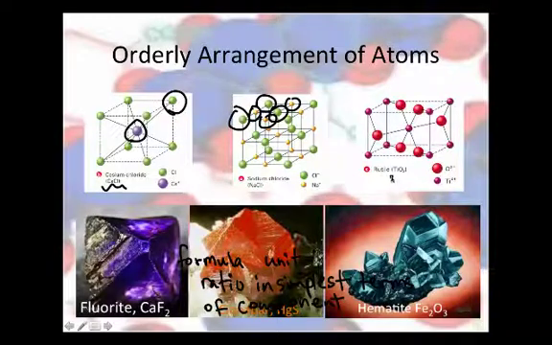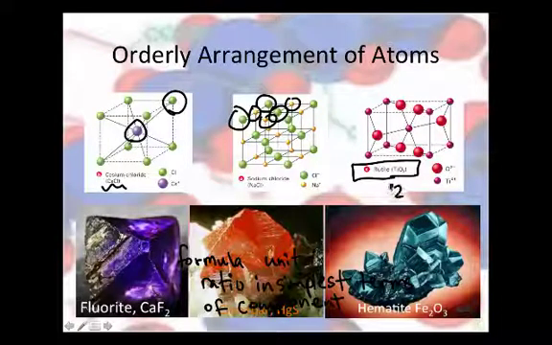But in rutile, which is the mineral from which we would obtain titanium, it's the ore for titanium, rutile has a 2 to 1 ratio of oxygen to titanium. So the crystals are arranged so that we can have exactly the right ratio of atoms but minimize the repulsion of like charges.